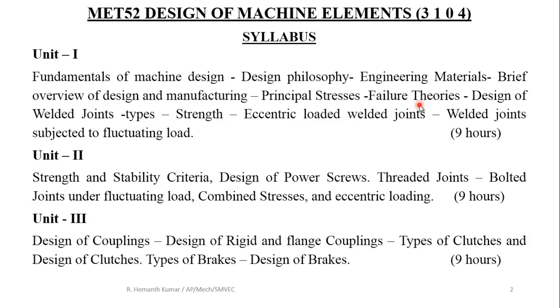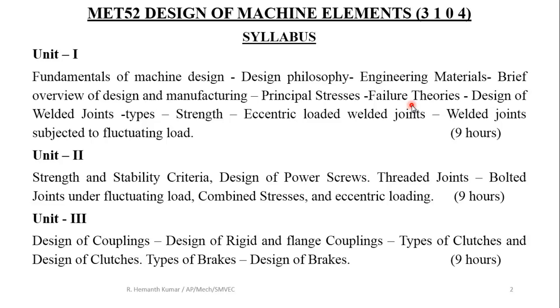There are five failure theories. According to those theories, five formulas or relations were devised. Those relations will be applied to find out the major stress that a component can withstand, the bending stress that it can withstand, the maximum shear stress it will withstand.